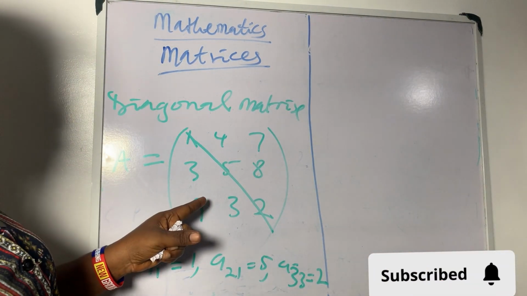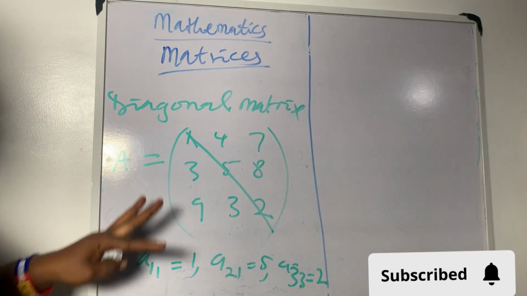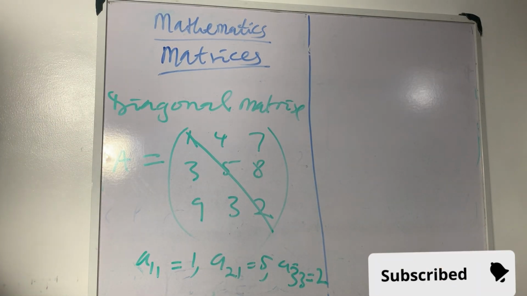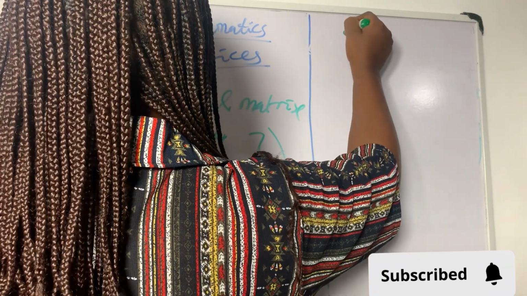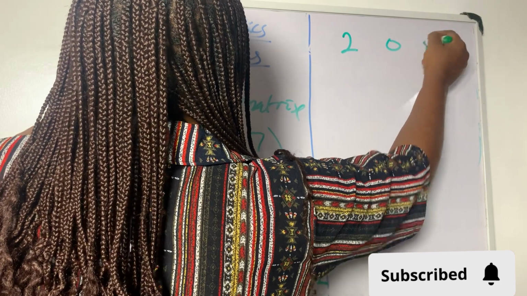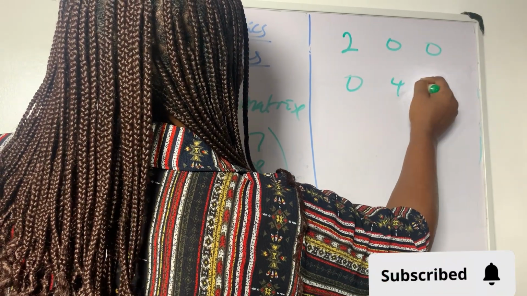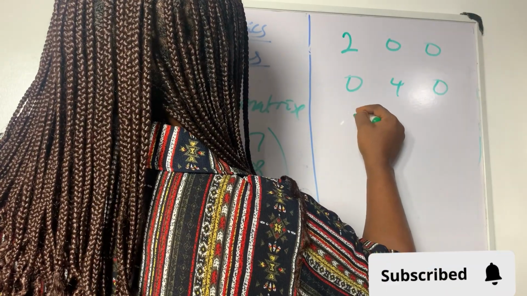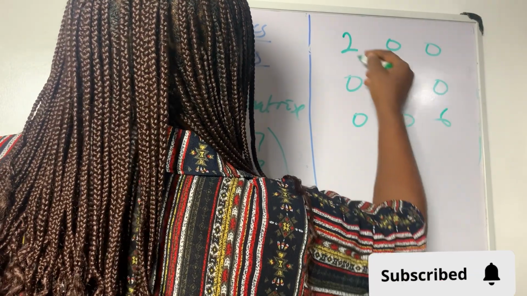Now coming back to what diagonal matrix is, it is simply a matrix that has all the diagonal non-zero, while other numbers in the array are zeros. For example, if you have 2, 0, 0, then 0, 4, 0, then 0, 0, 6.